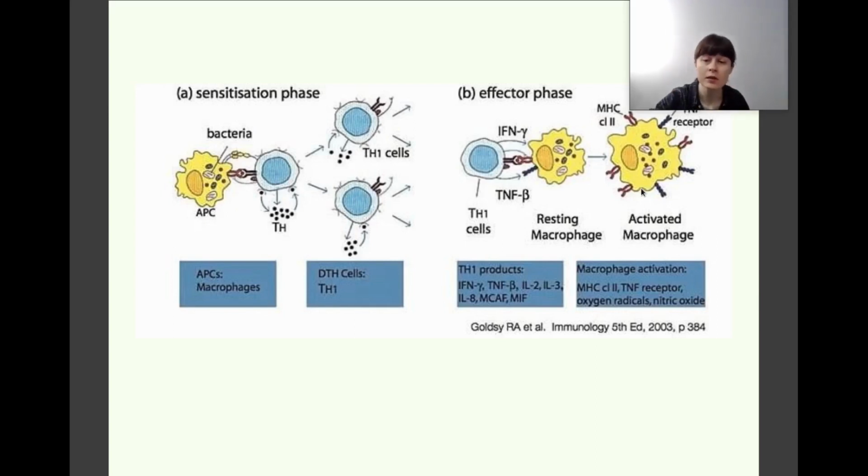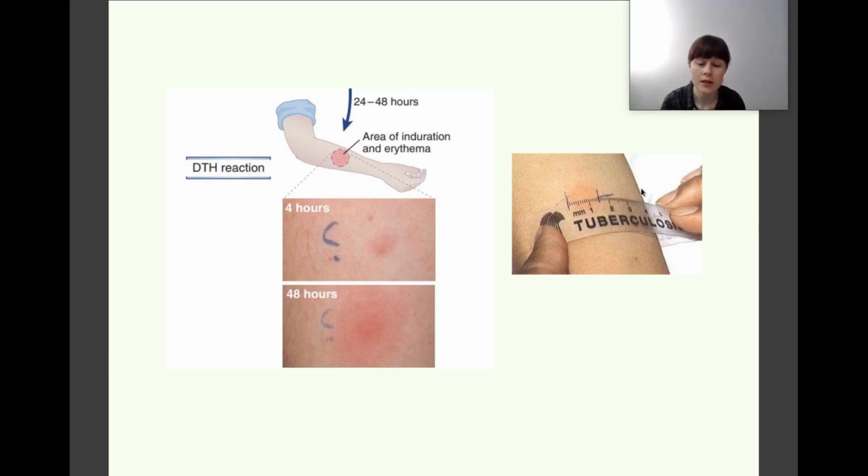Perhaps the most known example of delayed type hypersensitivity is the Mantoux reaction obtained by injection of tuberculin. I need to remind you that tuberculin is an extract of Mycobacterium tuberculosis, injected into the skin of an individual from a previous infection with Mycobacterium that had induced a state of cell-mediated immunity.